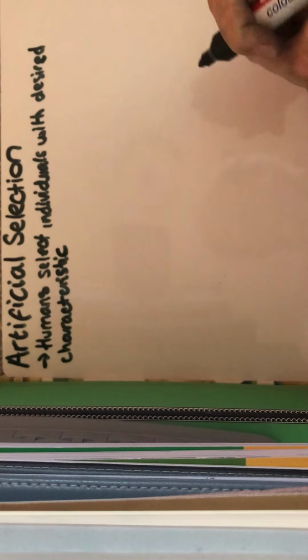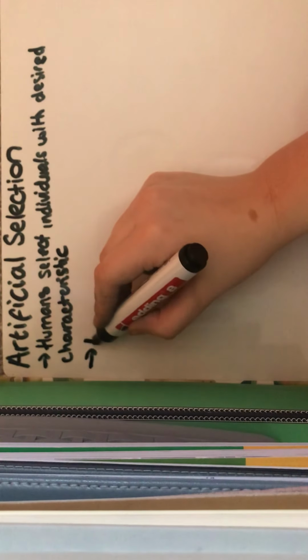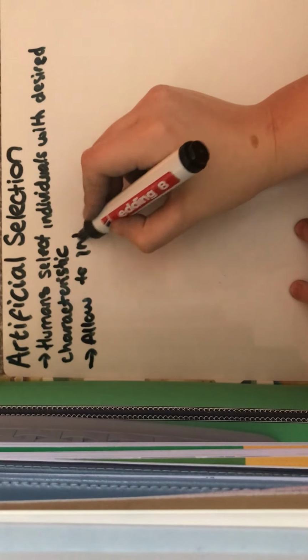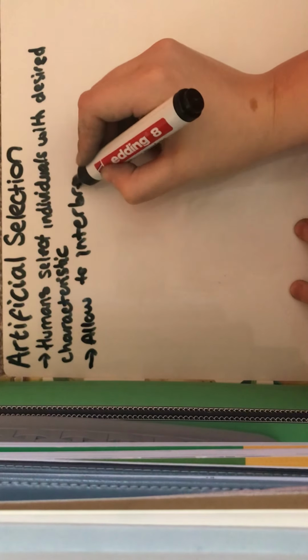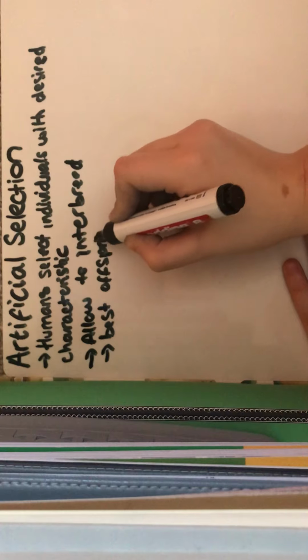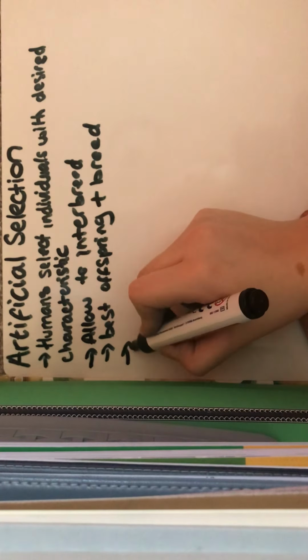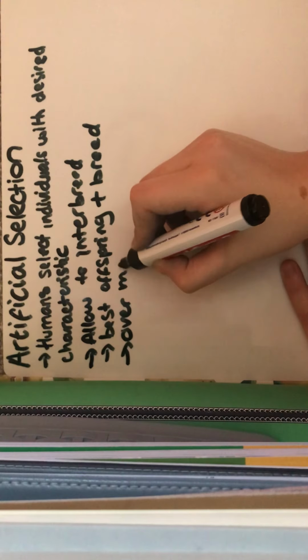And then they would allow these to interbreed. Okay. And then they would get the best offspring and breed those. And they do this over many generations.